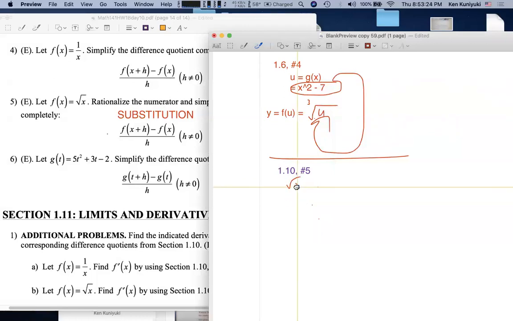Is it this? Square root of x all plus h? That's tempting, but the answer is no. You have to substitute.